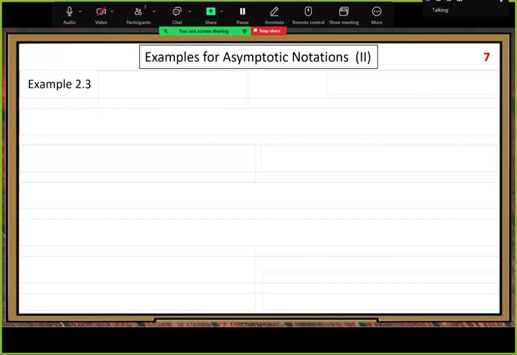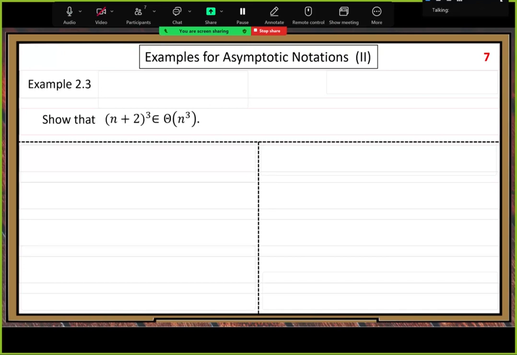All right, third example. We modify our first example slightly. This time we raise n plus 2 to the third power. Can you still find two constants C1, C2 for the lower bound and upper bound?